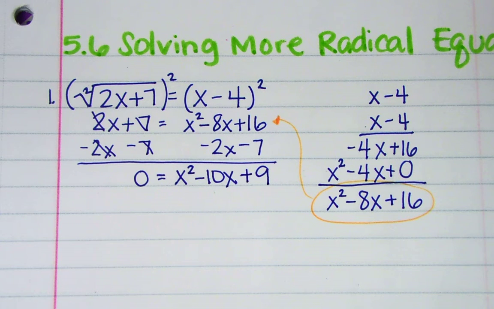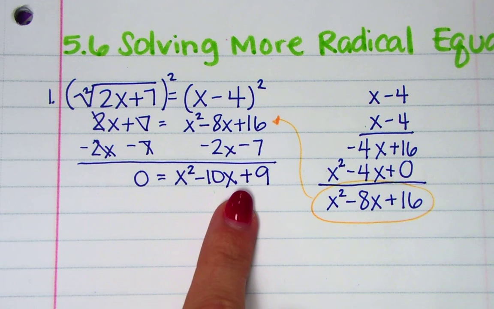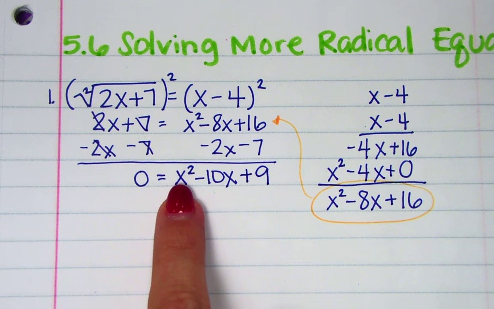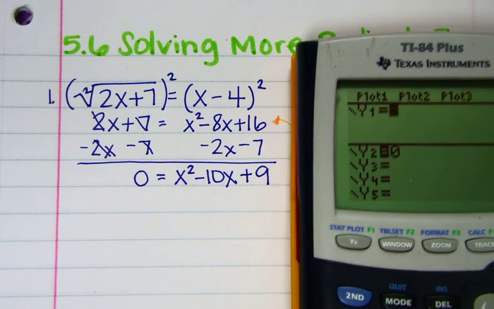And remember, if you have a trinomial here and it's squared, how many solutions are there going to be? There's 2. Okay, we had 2 solutions. So we learned several different ways to do it. I am going to let us do the shortcut, the fastest way on these, using the calculator, using y equals to find our solutions, okay?